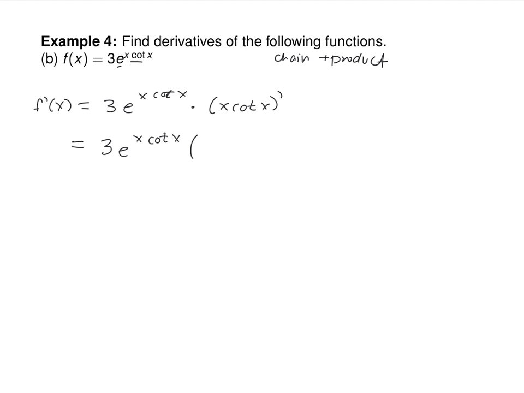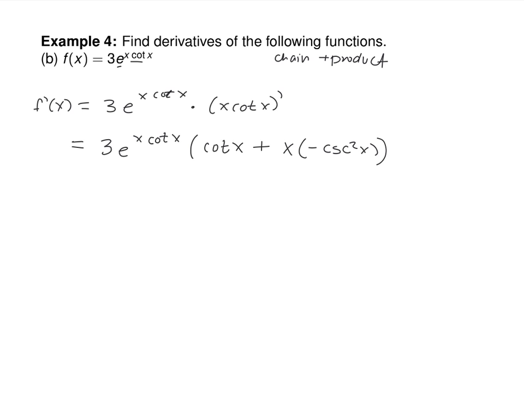Okay. Now don't go making up a product rule, because it's not f prime g prime. What is the derivative of x cotangent x? Plus x times, I think, negative cosecant squared x. Do you guys agree?